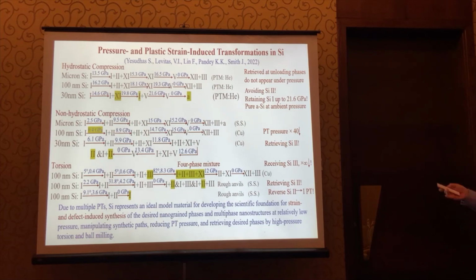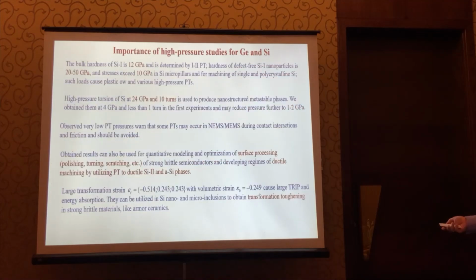And actually, this is a great system because of various phases and complex phase transformation to develop scientific foundation of strain and defect-induced phase transformations for desired nanograin phases and multi-phase nanostructures by manipulating transformation paths, retrieving desired phases, and some possible applications.